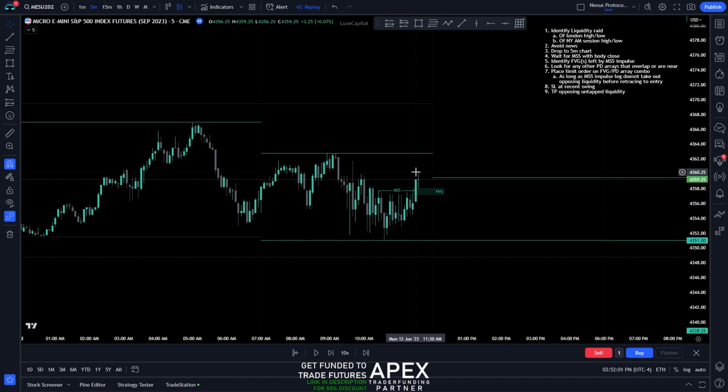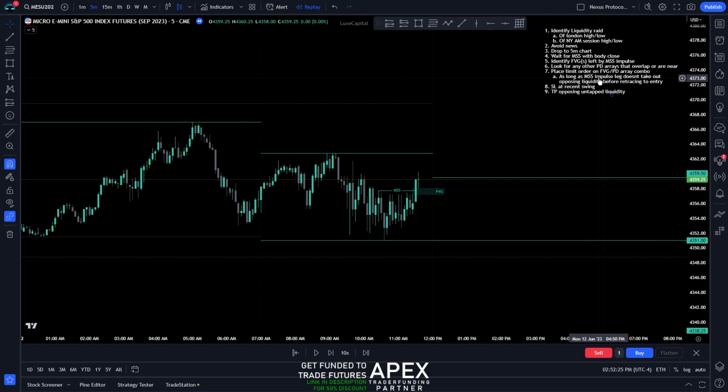So this is an inefficiency in buy side. So you can look for an opposing fair value gap, which there is a tiny, maybe one tick gap between these two candles that overlaps. So that can be an inversion fair value gap that still could be respected. So different things like that.